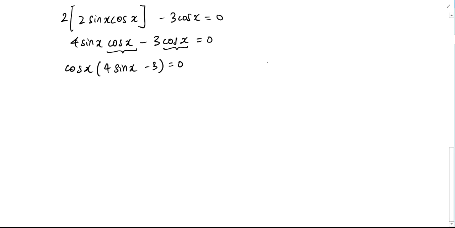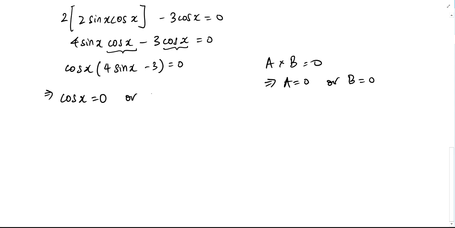I have the equation in the form of a times b equals to 0, which means that a either equals to 0 or b equals to 0. So we have two options: cosine x equals to 0 or sine x equals to 3 over 4.